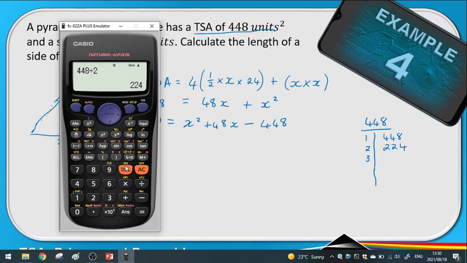Then 448 divided by 3, that's not a number that can go in. 448 divided by 4 is 112.